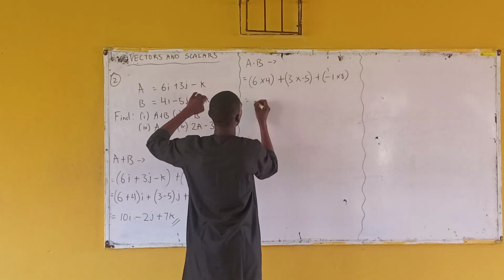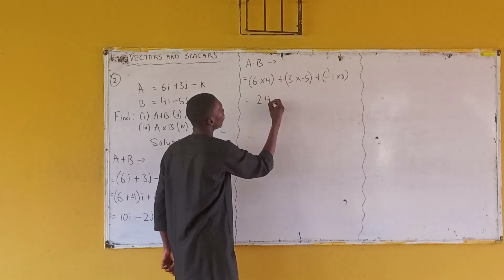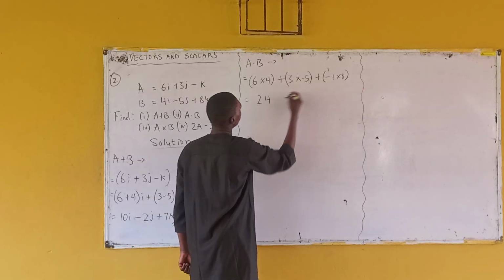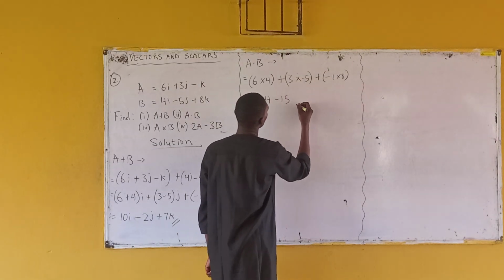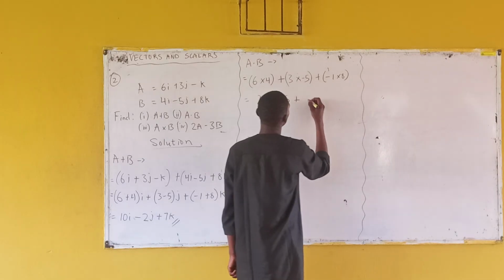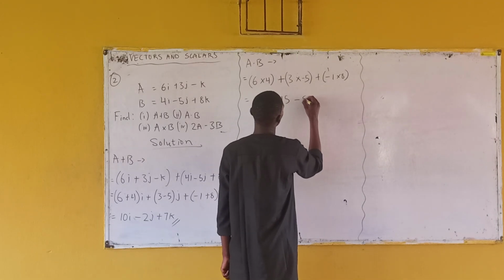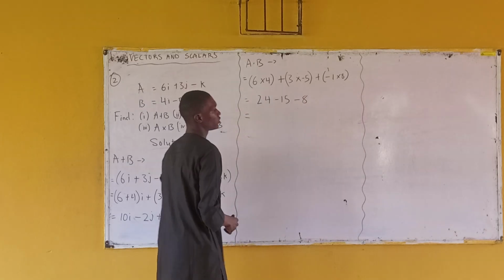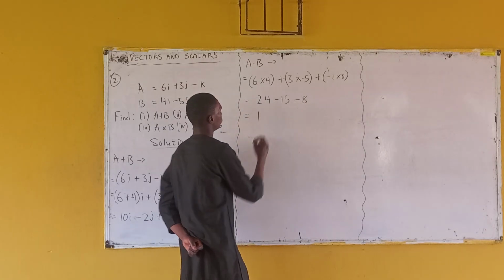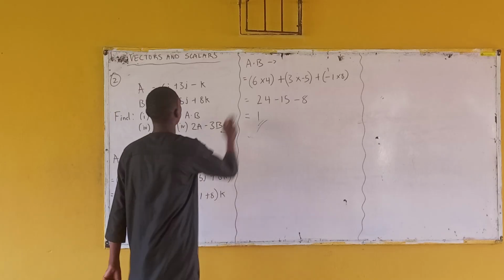That's 24 minus 15 minus 8. So that's 1. That's the answer for A dot B.